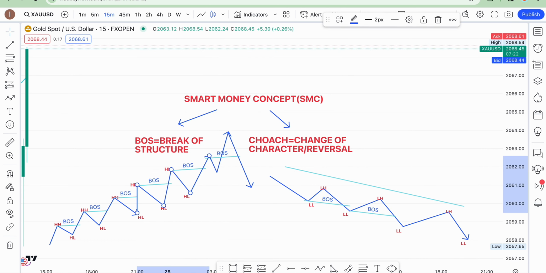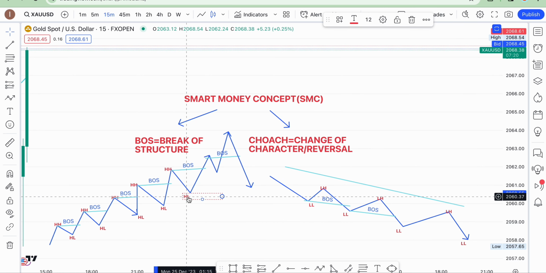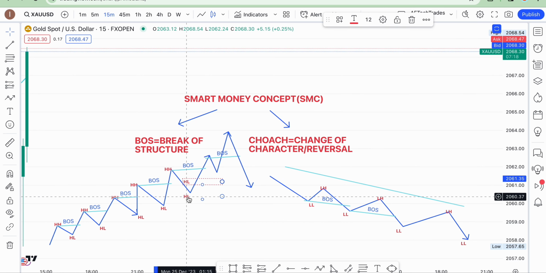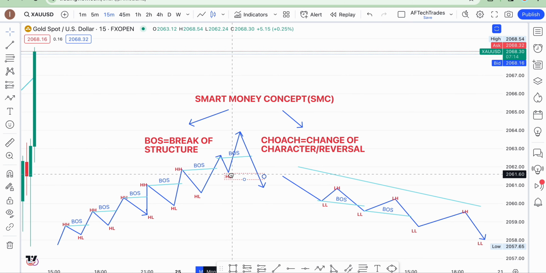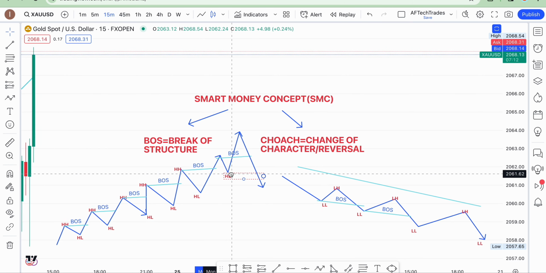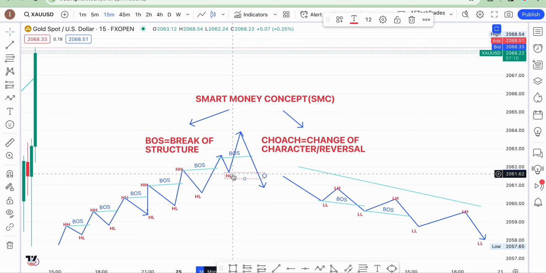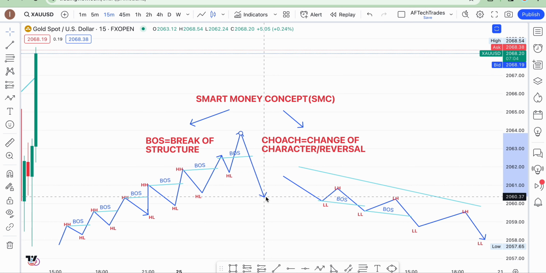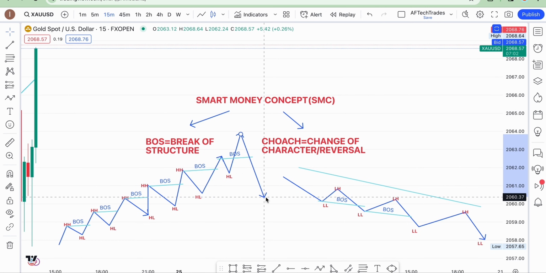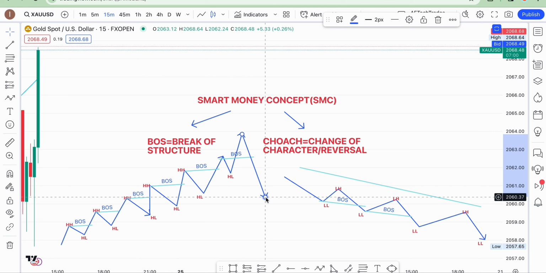Let me put it so you can see it. This is our higher low here. So instead of it getting to our higher low, it came and broke through it like this. So this is where I got the break of structure.